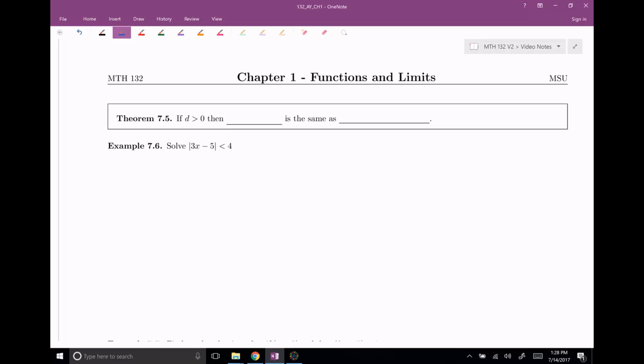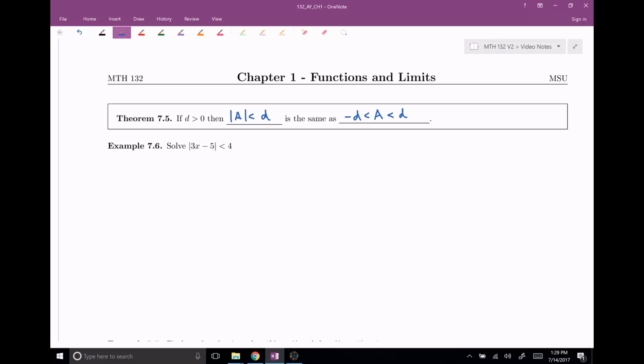So, if we have some nice d value, think of it like a distance, greater than 0, then the absolute value of some expression a, which will probably have x's in it, and can be as complicated as you want, the absolute value of a less than d is the same as -d is less than a is less than d. So this gives us a way to take these absolute value inequalities and rewrite them as compound inequalities. And the claim is compound inequalities are a little bit easier to deal with.